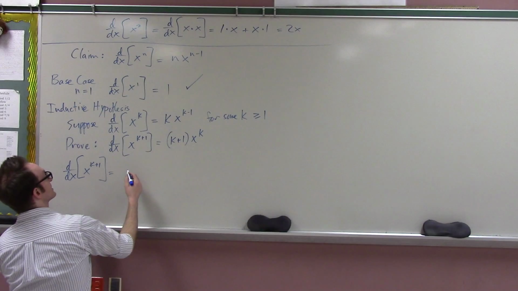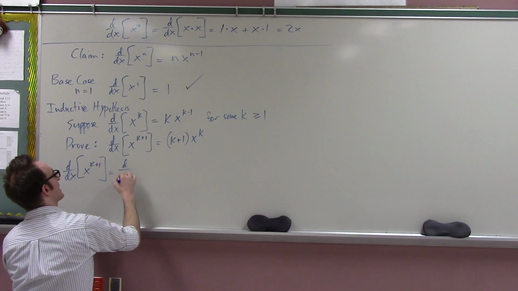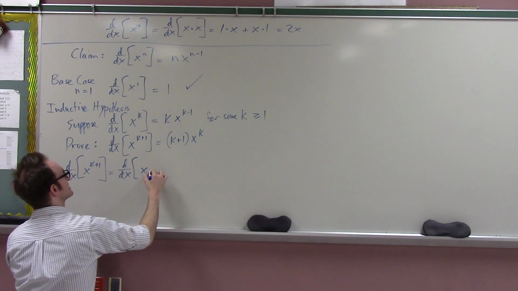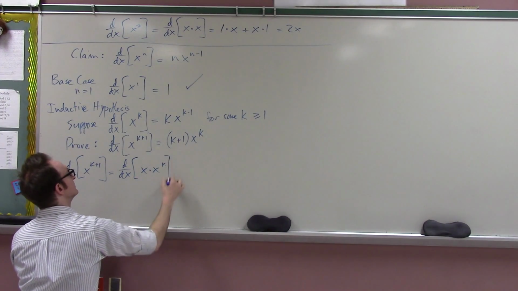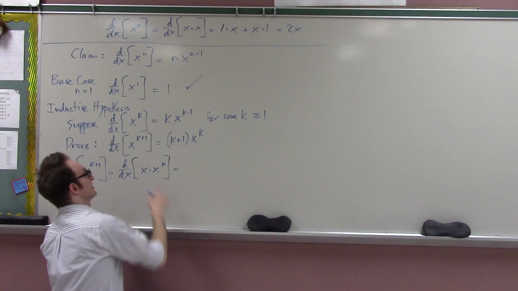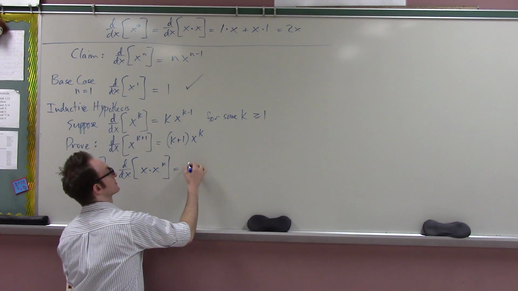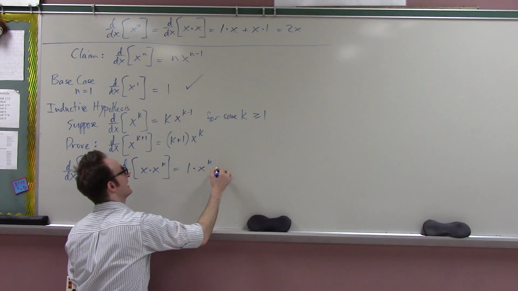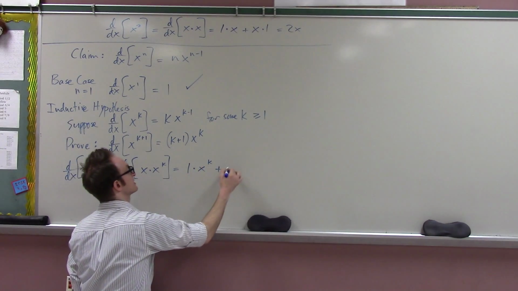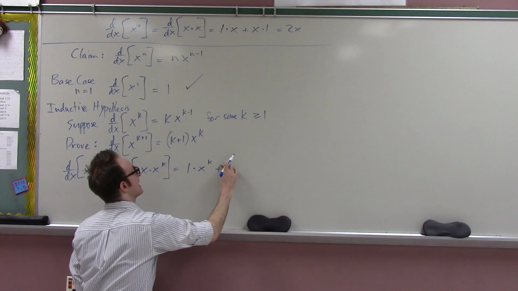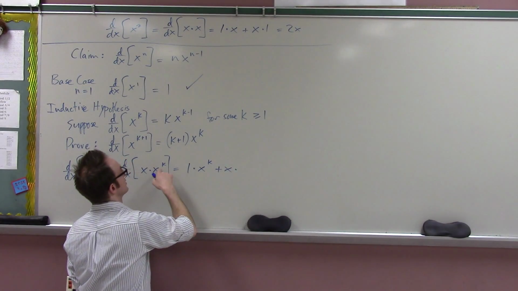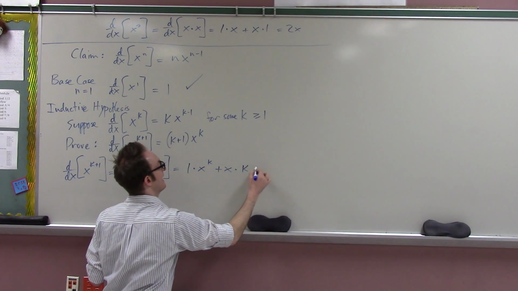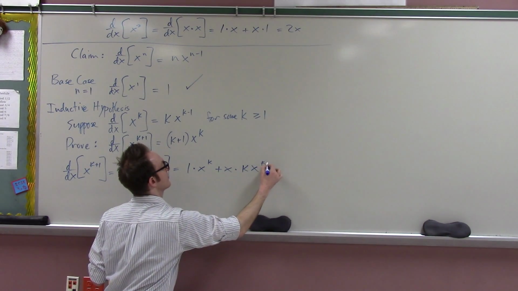The derivative of x to the k plus 1, if I rewrite x to the k plus 1 as x times x to the k, is going to be the derivative of the first, which is 1, times the second, x to the k, plus the first, x, times the derivative of the second. And the derivative of the second is k x to the k minus 1.